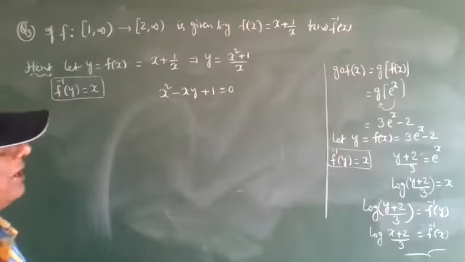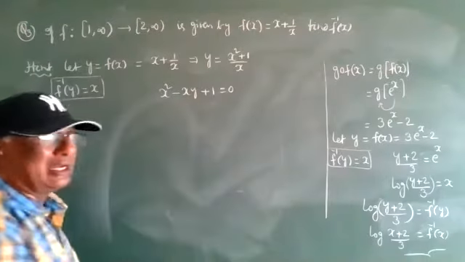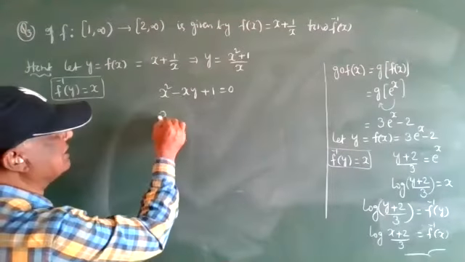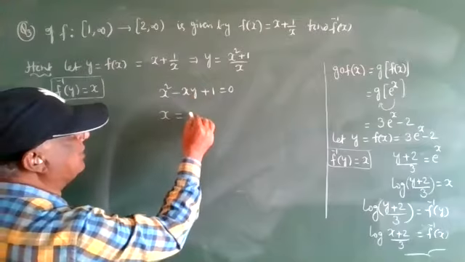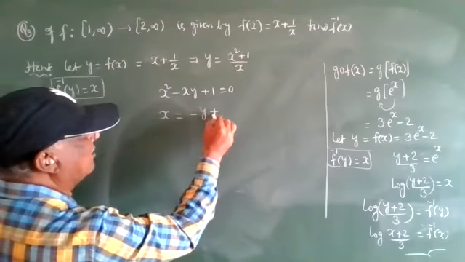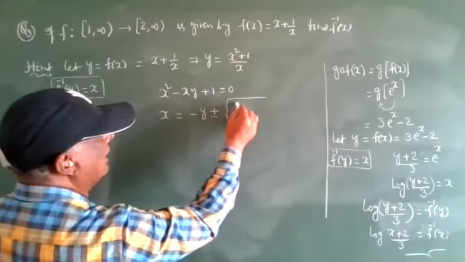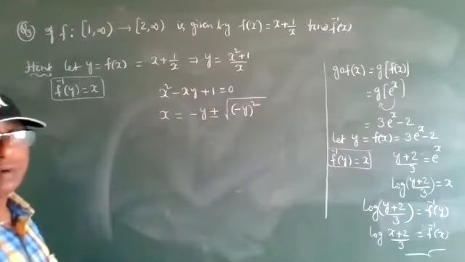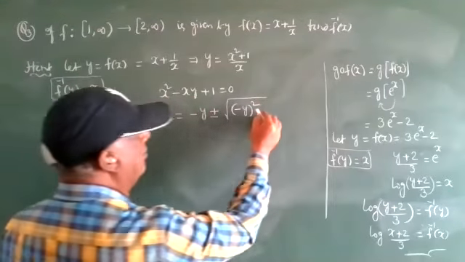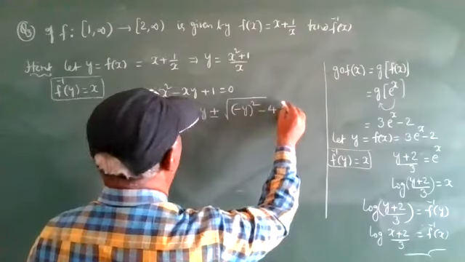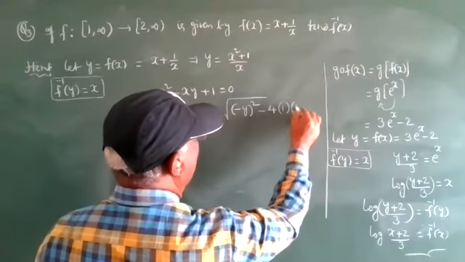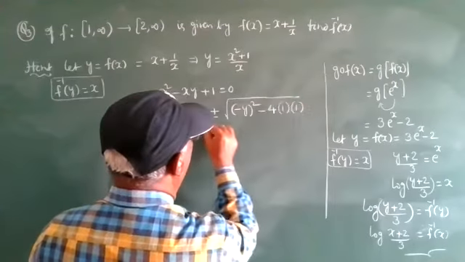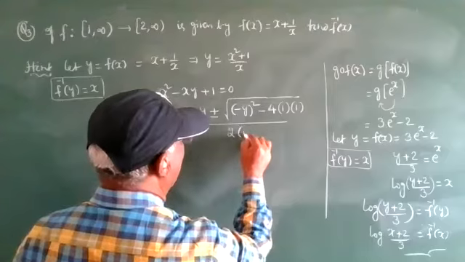How can you find x value? It is a quadratic equation in terms of x. x is equal to minus b plus or minus root over b square minus 4ac by 2a. The x coefficient is minus y, a value is 1, c value also 1.